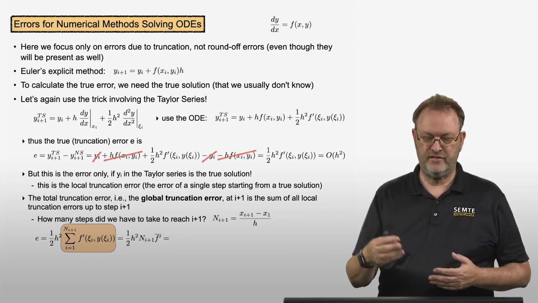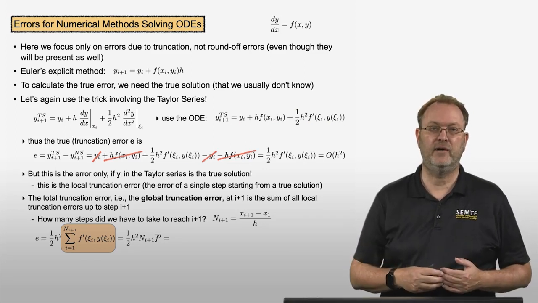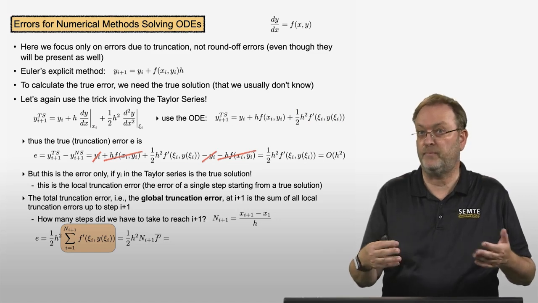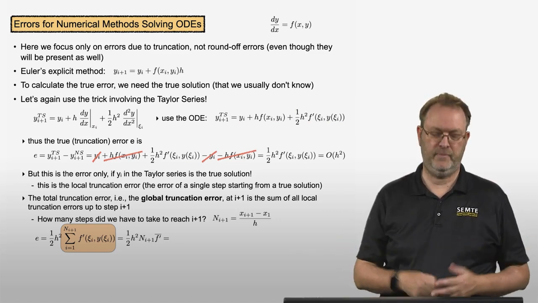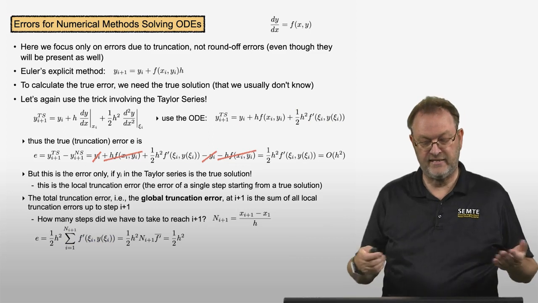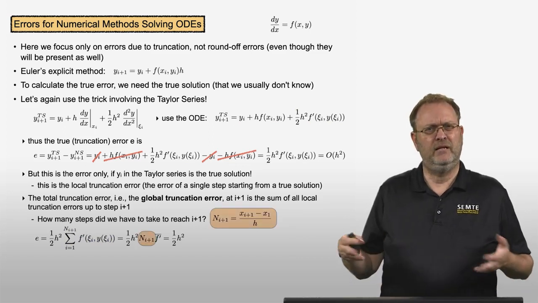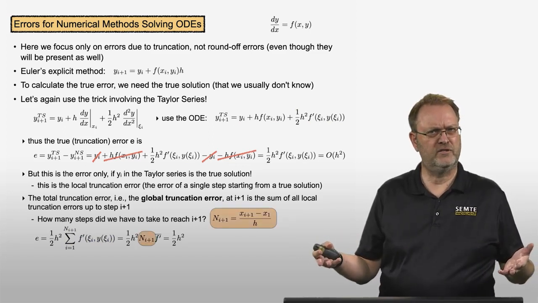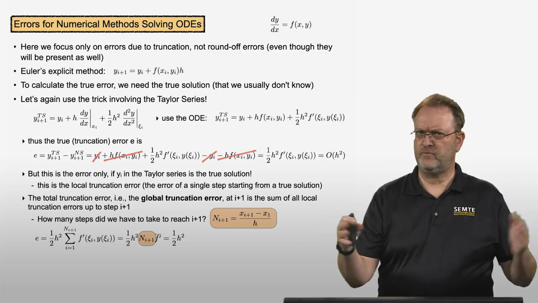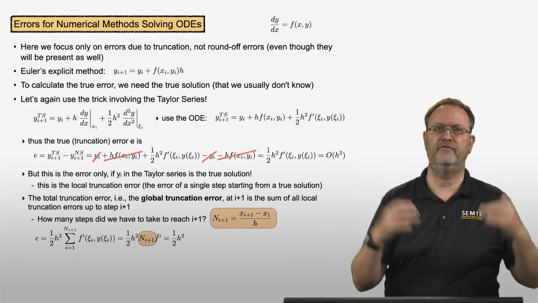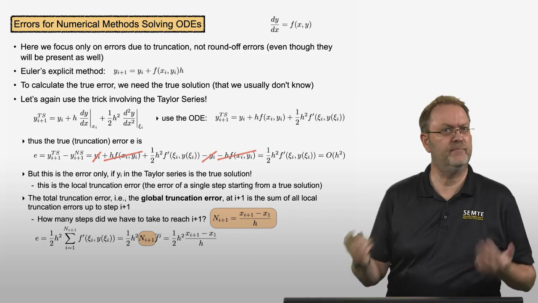So if my average is the sum divided by n sub i plus 1, in order to get the sum, I have to multiply it by n sub i plus 1. Okay, so that's a half h squared times, well, n sub i plus 1 was the distance from xi plus 1 to x1 divided by the step size h. So let me substitute this in.